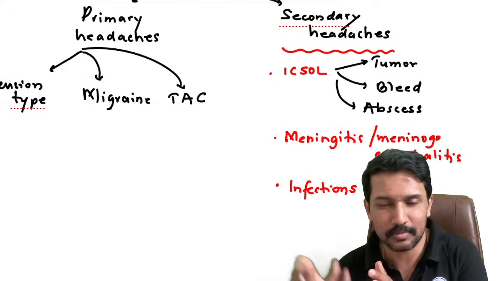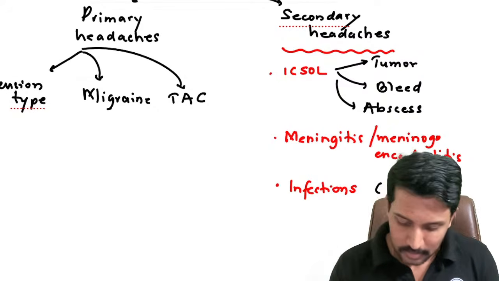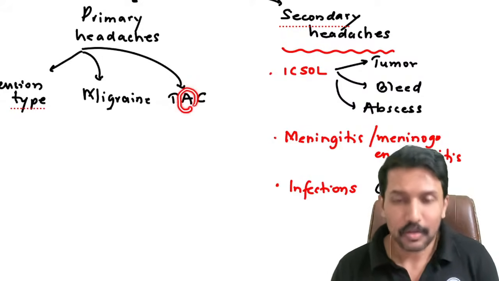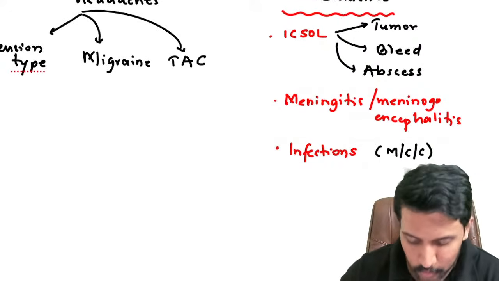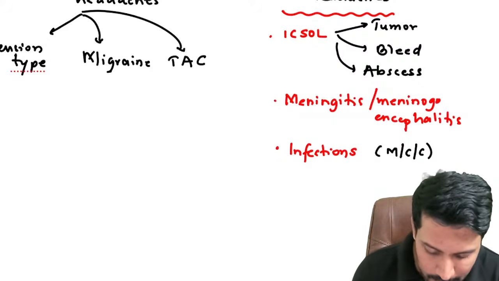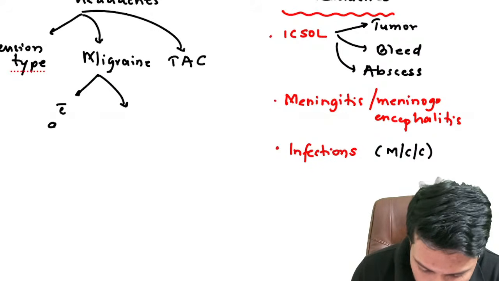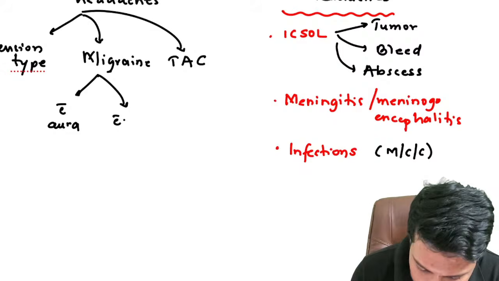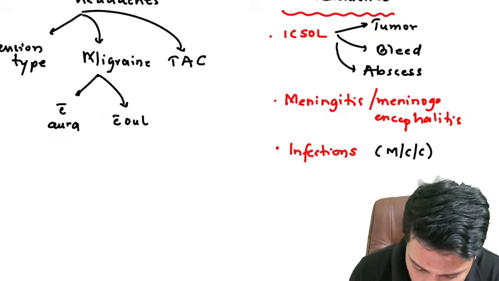Cephalgia means head, algia means pain, so cephalgia means headache. Here the headache is associated with autonomic symptoms. That's why collectively these are called trigeminal autonomic cephalgia. Now migraine, as you know, is further classified into migraine with aura and migraine without aura.